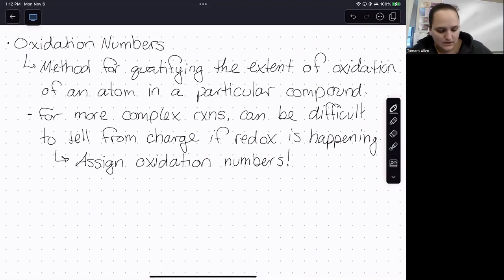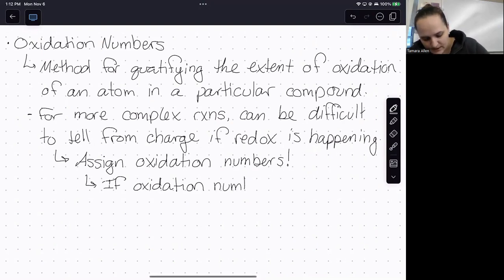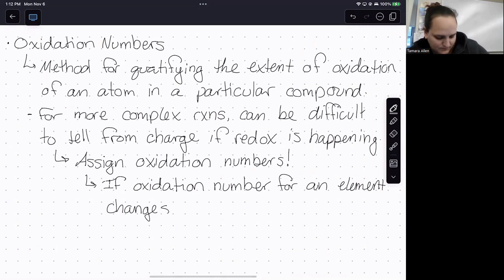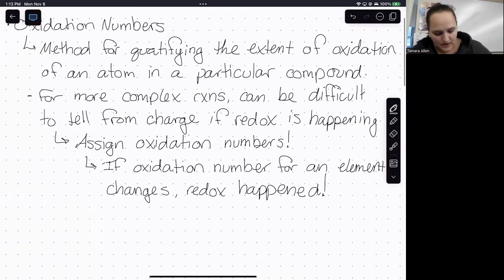And if you see that the oxidation number for an element changes between the reactant side and the product side, redox is occurring. Its oxidation state, the extent to which it is oxidized, has changed. So that means if your oxidation numbers changed, you have a redox reaction on your hands.